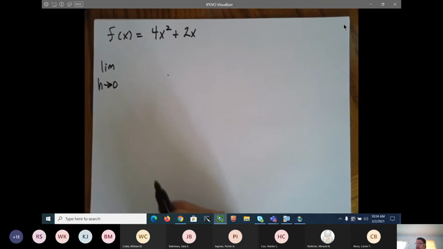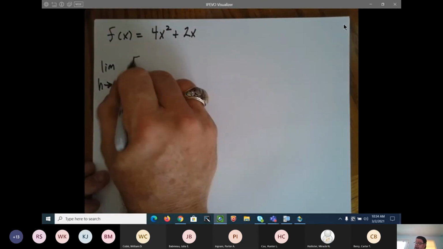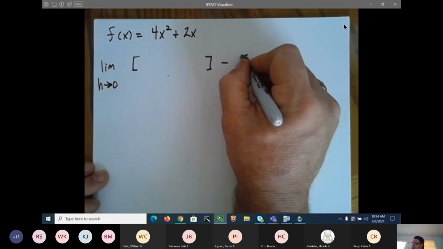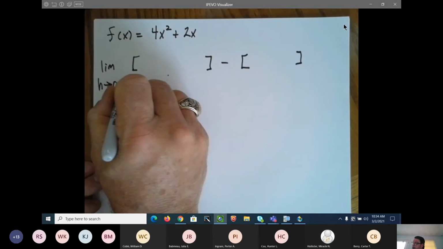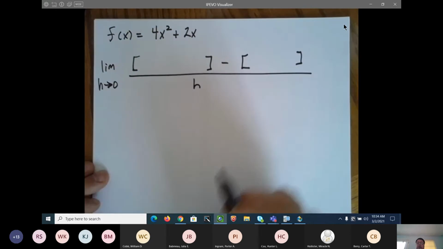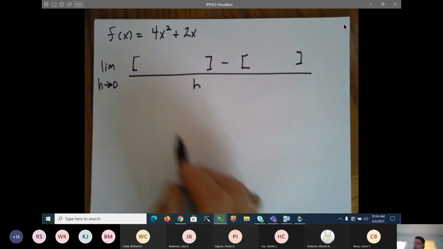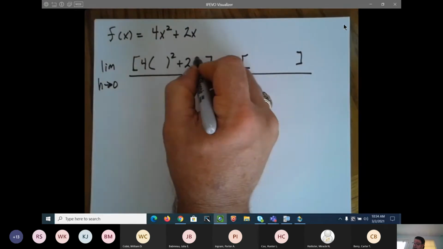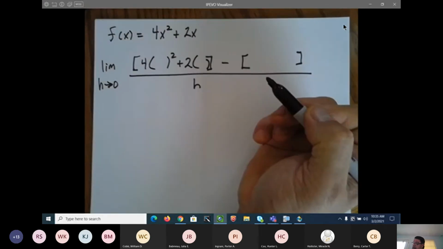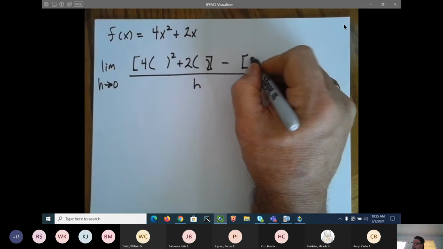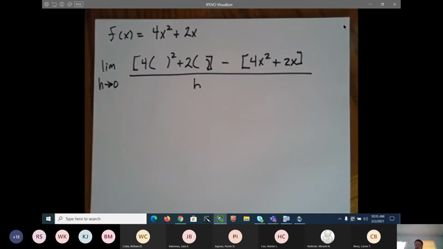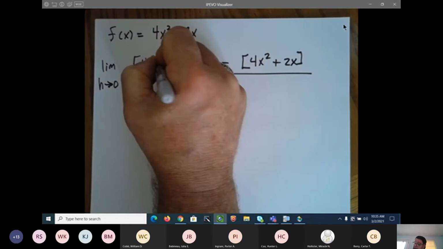So that means I've got to do brackets minus brackets over h. So this is 4 times parentheses squared plus 2 times parentheses minus 4x squared plus 2x. And I'm starting y'all off, okay? x plus h.